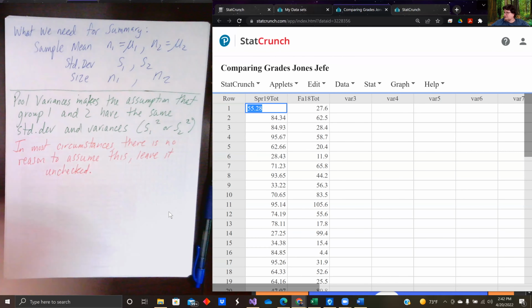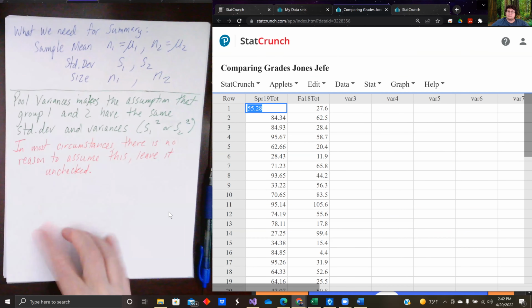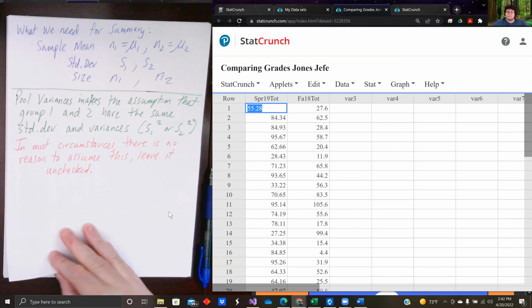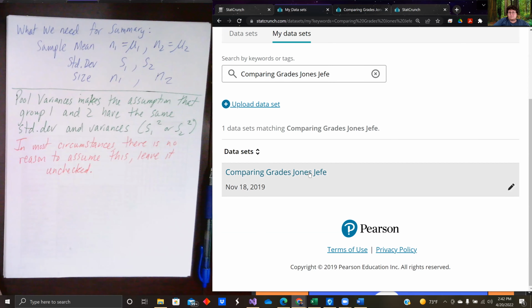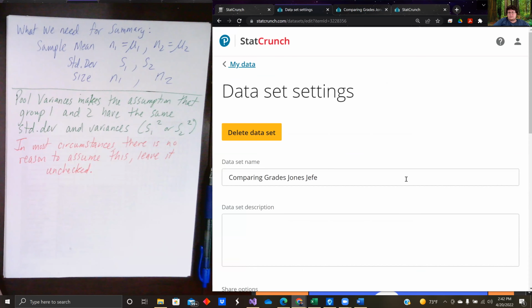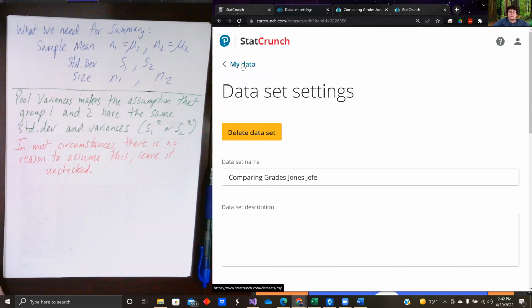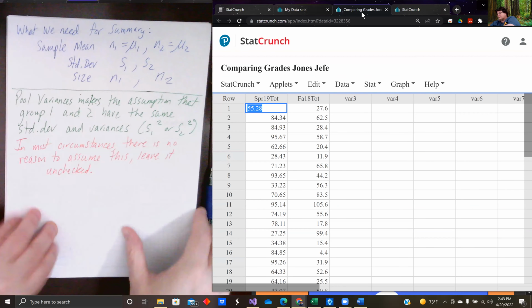All right, so I'll give you the problem that this data is related to. It's shared, so if you want to look it up, it's called Comparing Grades Jones-Hefe.